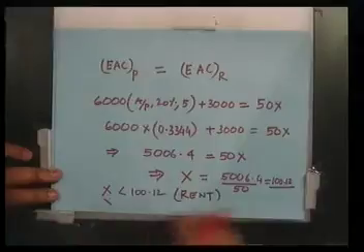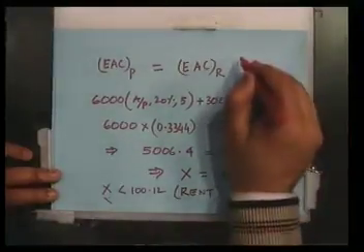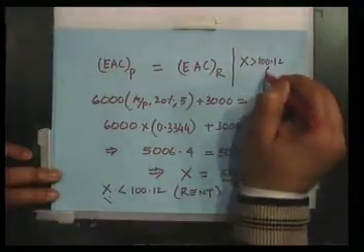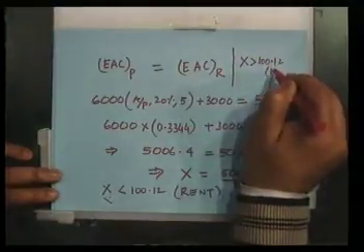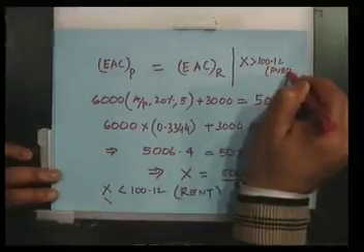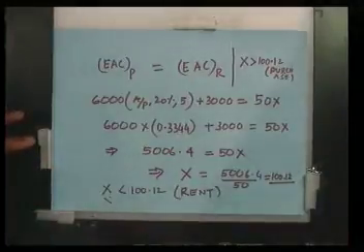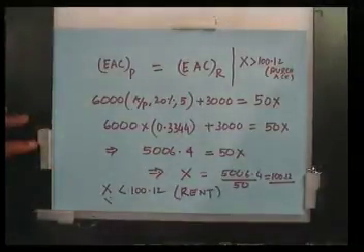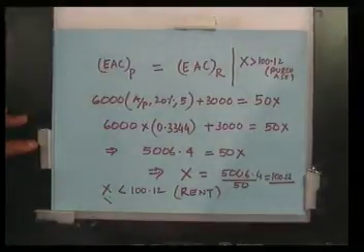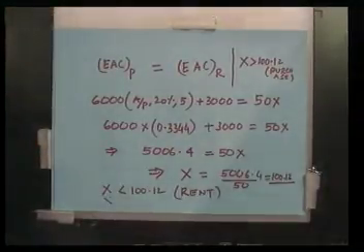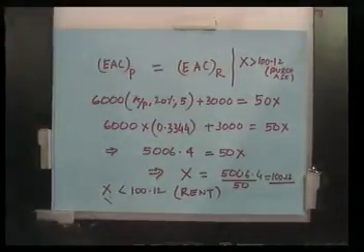If x is greater than 100.12, purchase. Is it clear, technology class? Yeah. Good. So, this is how we conduct linear break-even analysis.